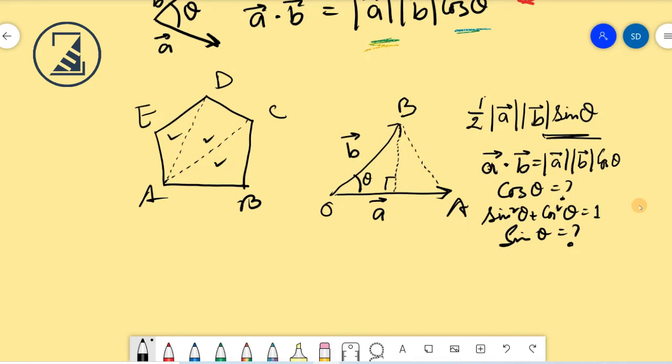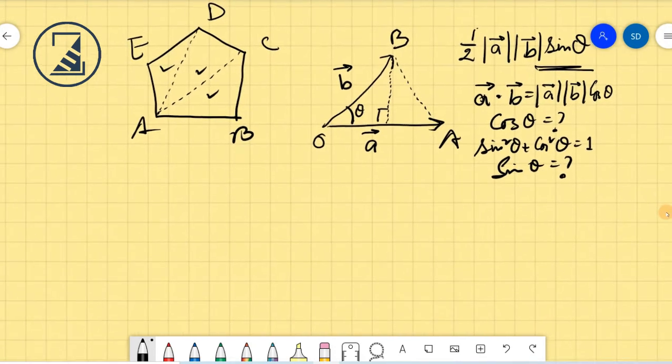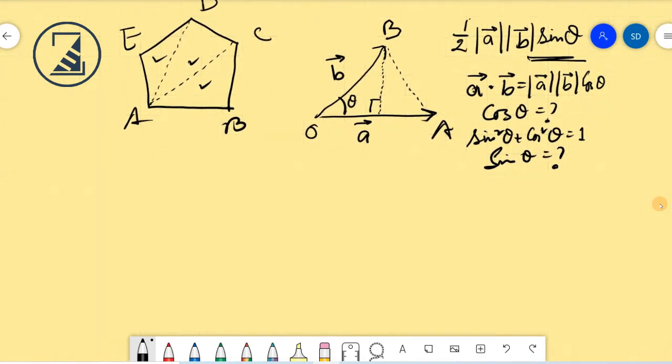But there is a more sophisticated way, and now I am going to show you the more sophisticated way. So what we are going to do is we are going to find out some angle whose cosine is equal to sine of the angle theta.